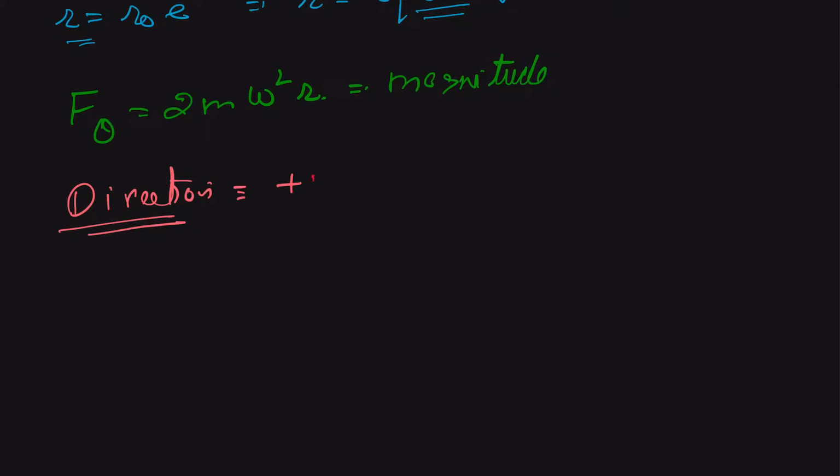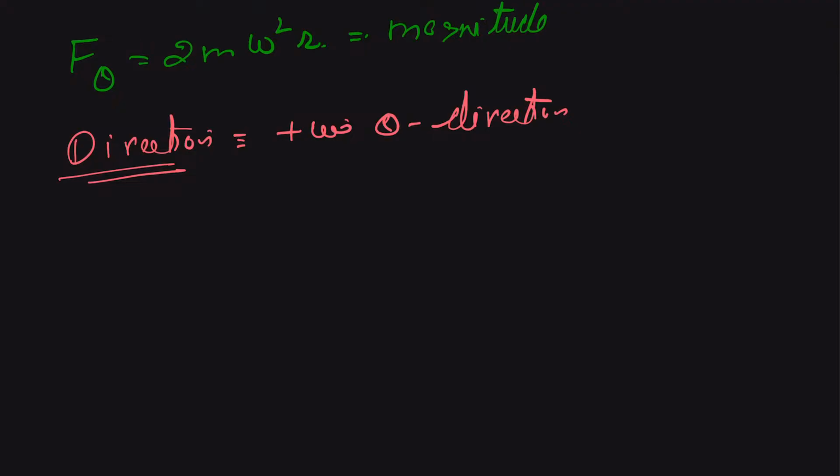So we can say it is the positive theta direction, or we can say that it is tangential, because the r first derivative is greater than 0, so this gives us that a of theta will also be greater than 0.